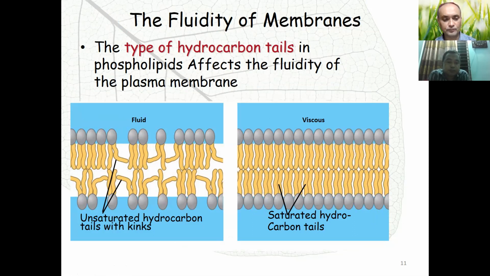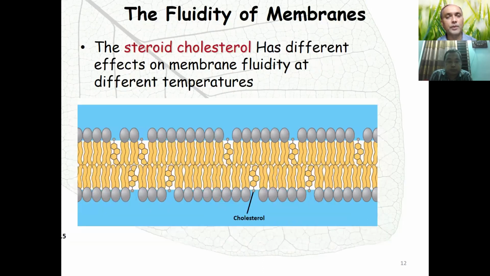In the case of lipids, unsaturated hydrocarbon tails with kinks make the membrane structure fluid, and saturated hydrocarbon tails make it a bit viscous. So depending on the structure of the lipid, the fluidity of the membrane is vastly regulated. The steroid cholesterol has different effects on membrane fluidity at different temperatures.